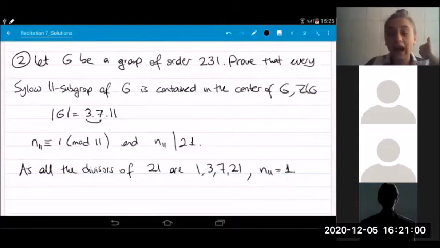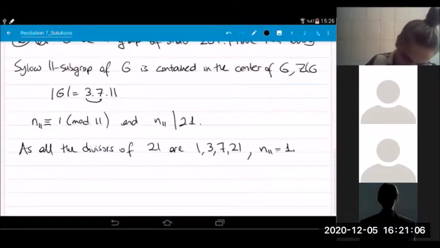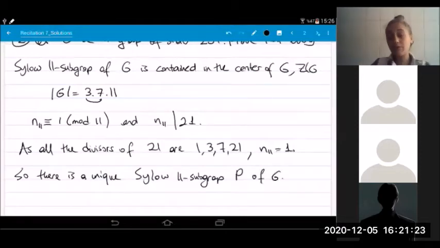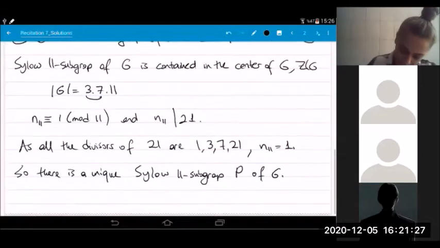This means that we have a unique Sylow 11 subgroup. Let me call this P of G. And since it is unique, it has to be normal.